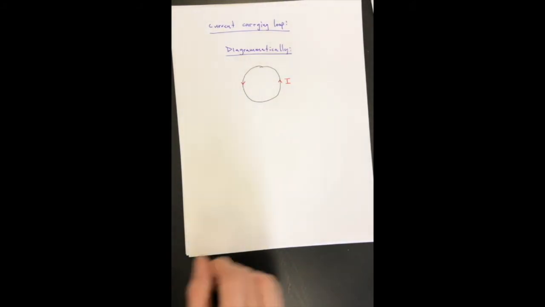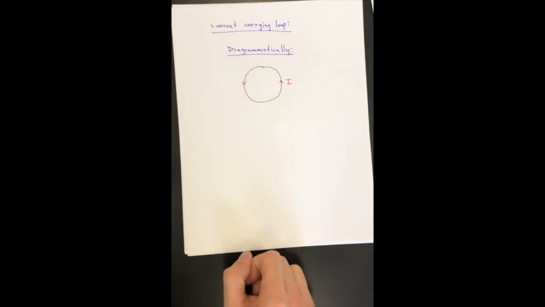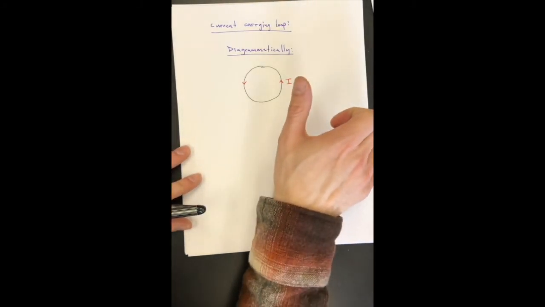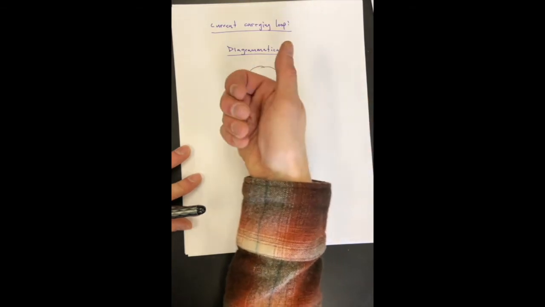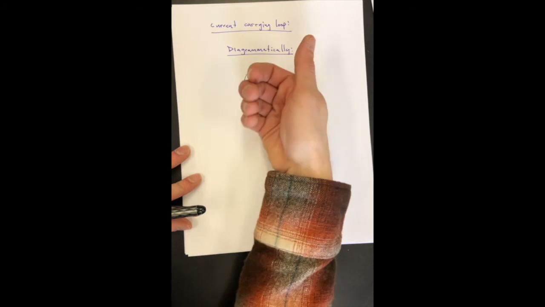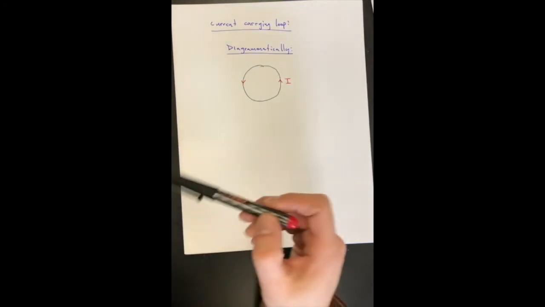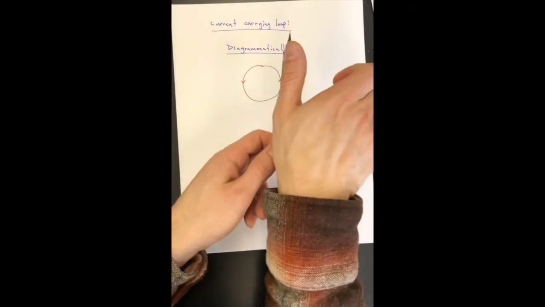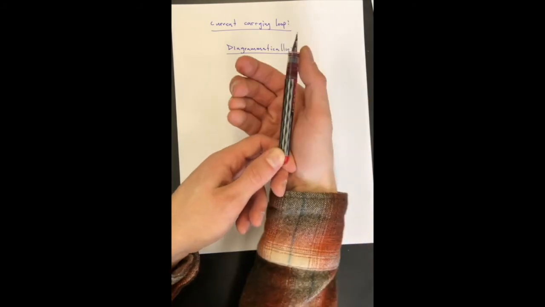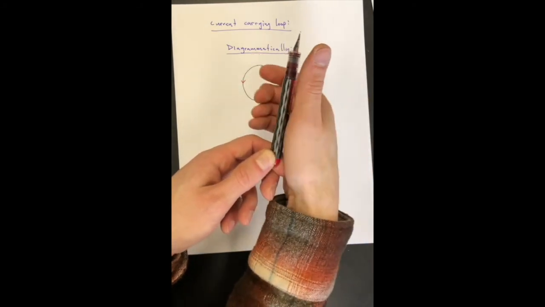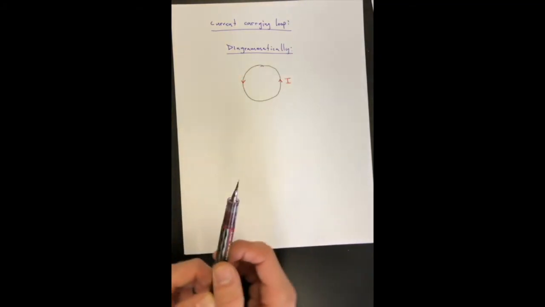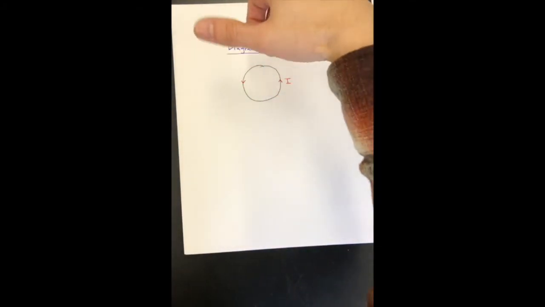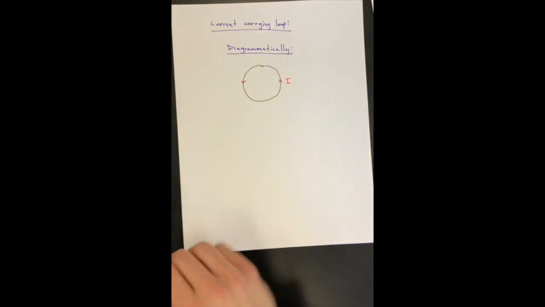And now if we were to apply the second right-hand rule to this current carrying loop, if we put our thumb in the direction of the current, we can have our fingers curl around the wire to show the direction of the B field. And so at that point, the current's going up, my thumb is in the direction of the current, and my fingers wrap around the wire. So inside of that loop, my fingers would come out of the page. If I try the current in any point, my fingers will always come out of the page when I'm inside the loop.